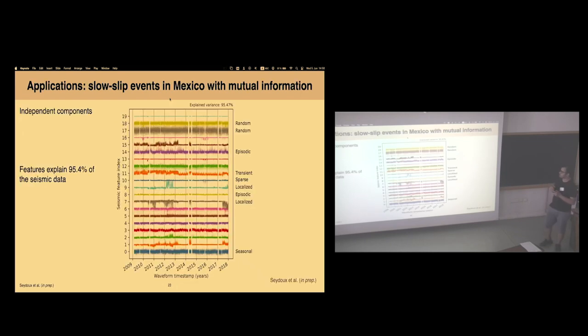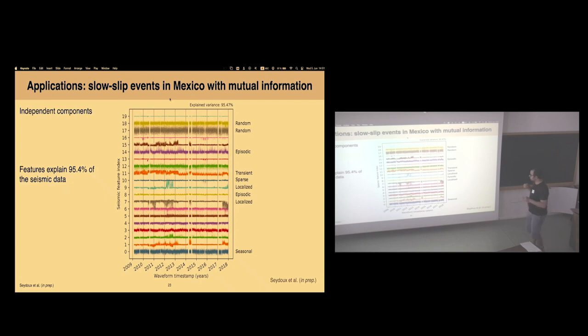And here is the result of the independent component analysis. So we have 20 features here, and with these 20 features we could explain the variance of the data, around 95%.